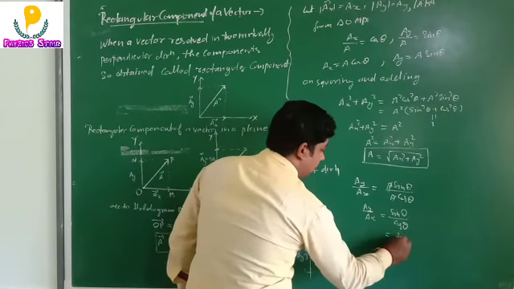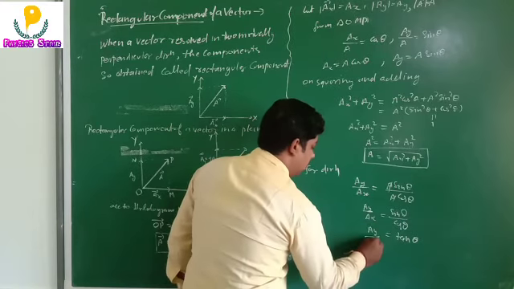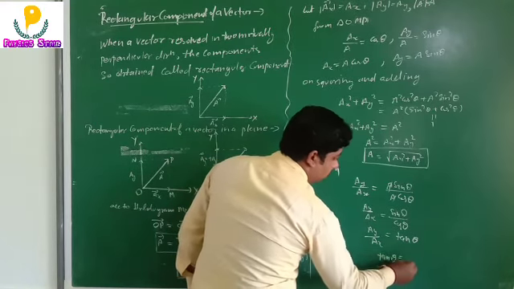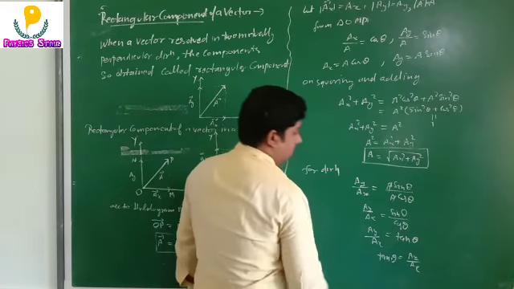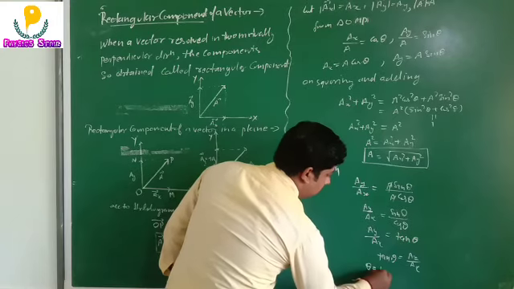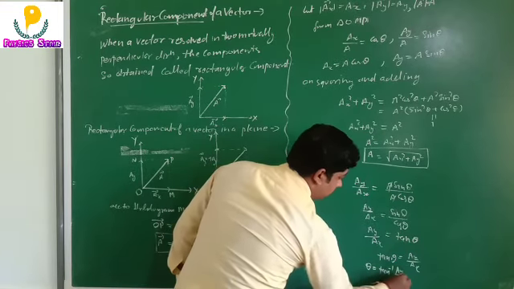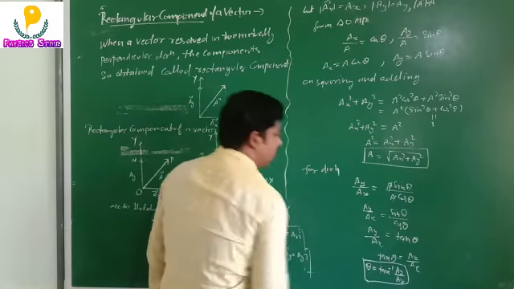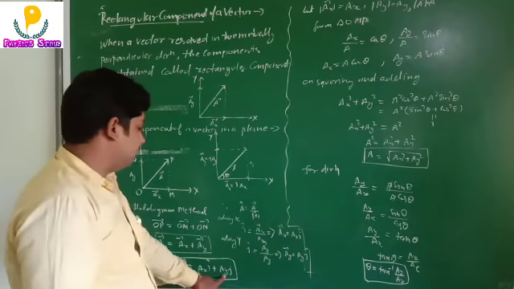So sin theta upon cos theta is equal to tan theta. So tan theta is equal to ay upon ax, or finally theta is equal to tan inverse of ay upon ax. This is the direction of the vector given in terms of the rectangular components.